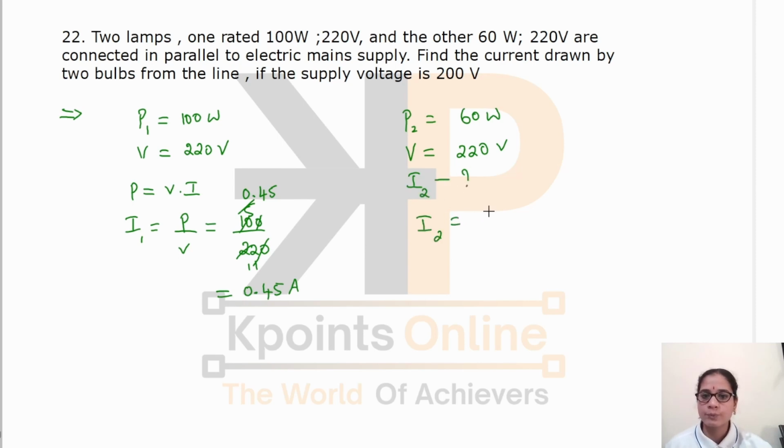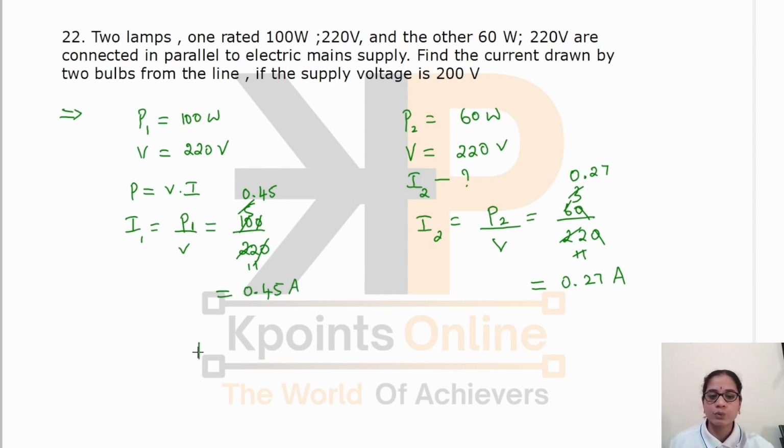I2 is equal to P2 upon V, which is equal to 60 divided by 220. 2 3s are 6, 2 11s are 22. 11 zeros are 0, 11 2s are 22. 11 7s are 77. So we will get 0.27 ampere.